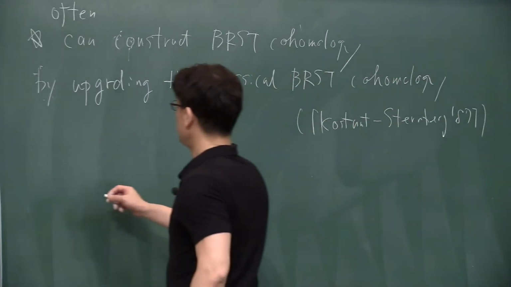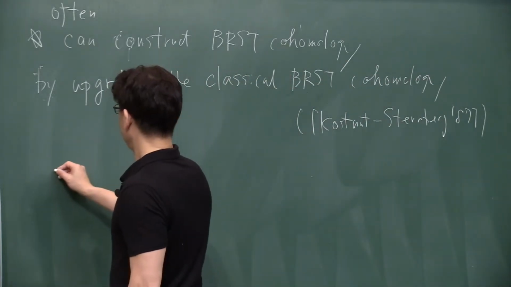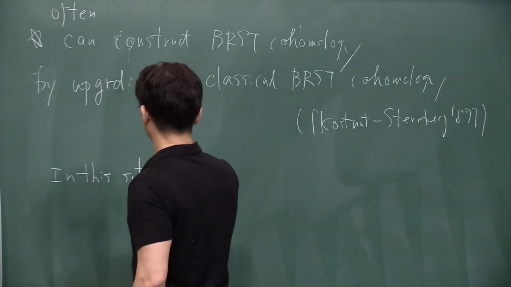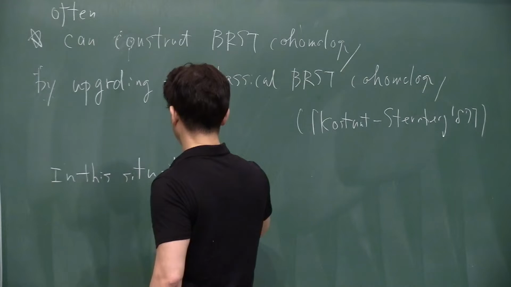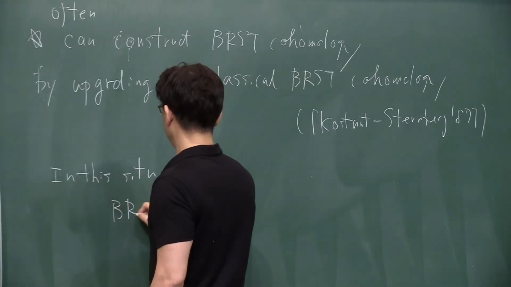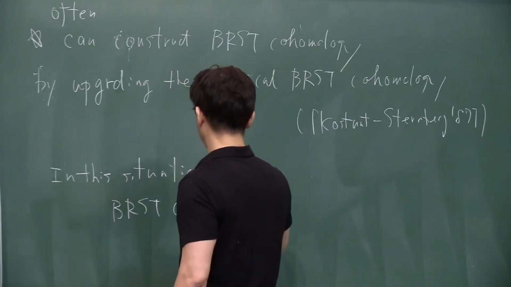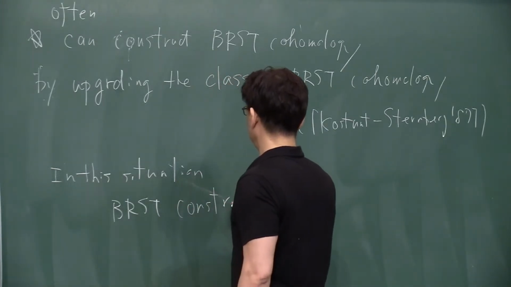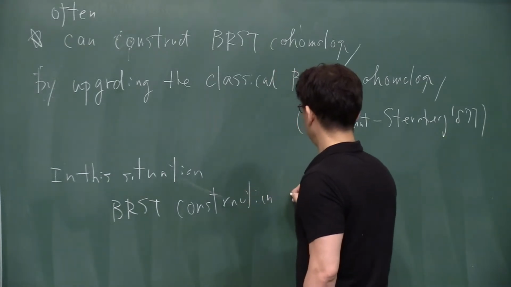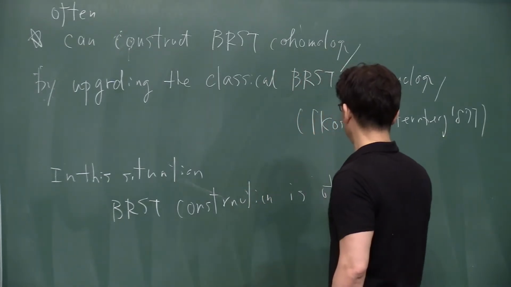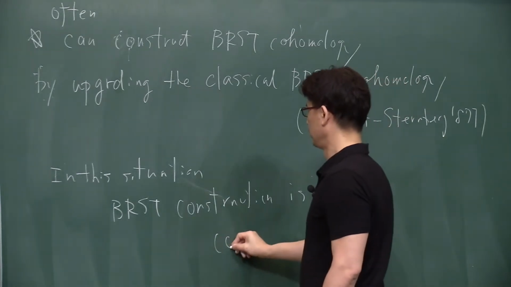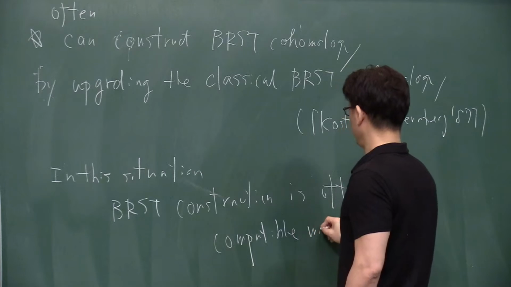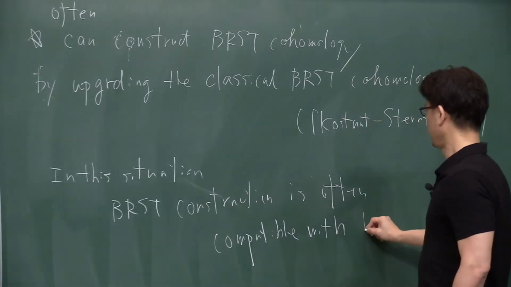So in this situation, the BRST cohomology construction for vertex algebras is often compatible with the associated variety.